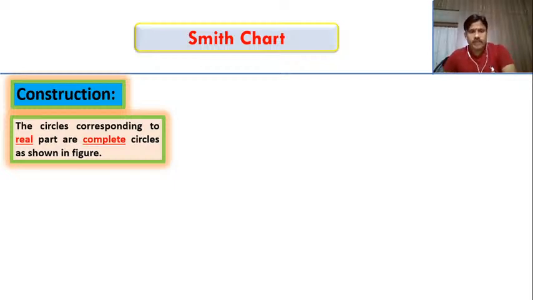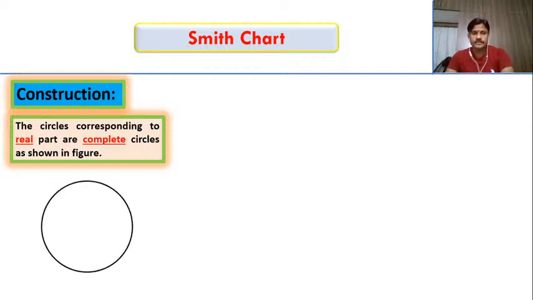The circles corresponding to the real part are complete circles. So if you want to represent the real part of the impedance, you have to search for circles which are complete circles, like this. This is a unit circle. Under this there may be many circles for different real values.